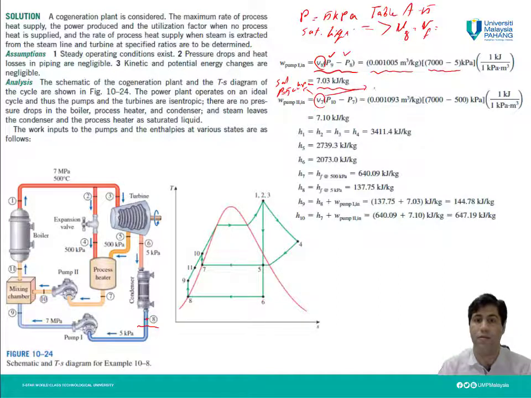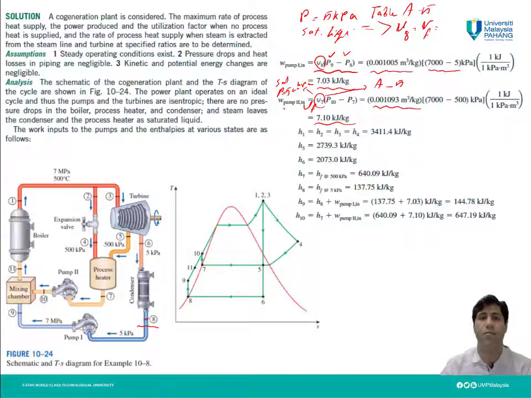For Table A5, you go there for this pressure for saturated liquid, or Vf. We can find V7, which is this much, times P10, 7 megapascal or 7,000 kilopascal, minus 500 kilopascal, which is P7. Using this unit conversion again, we can get W pump 2 in.